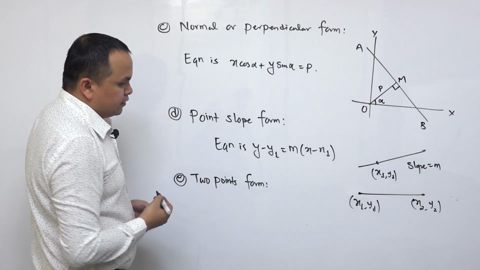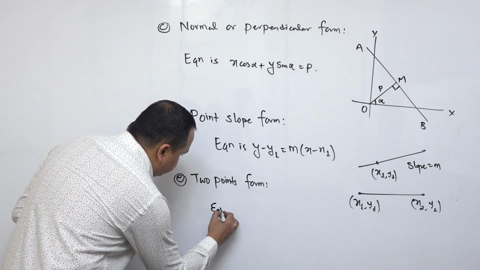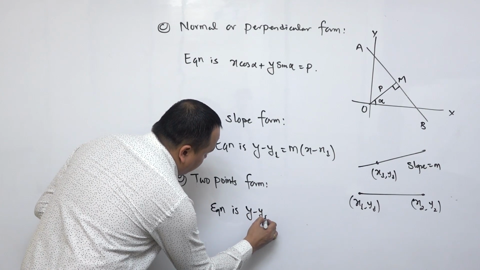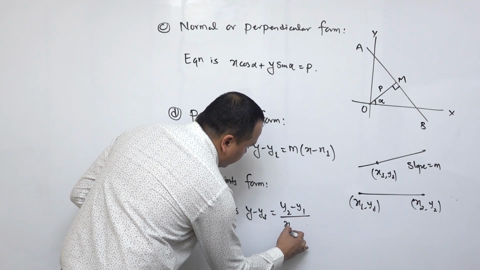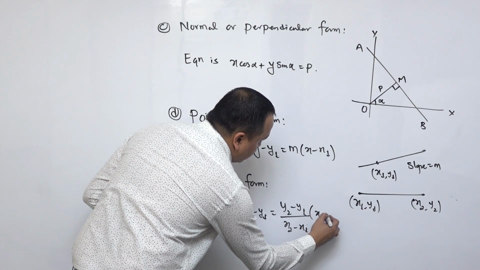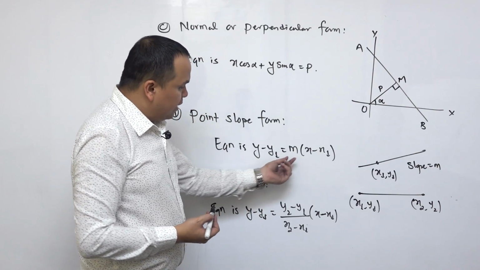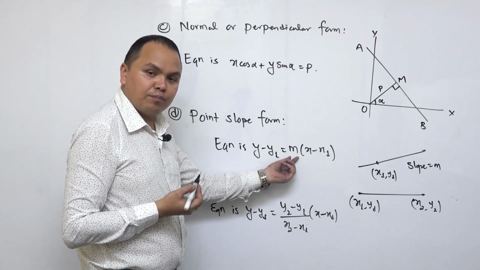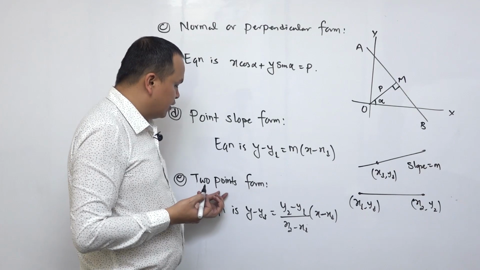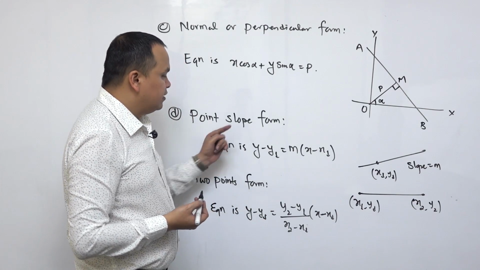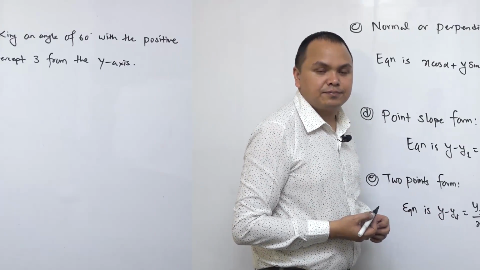Now the equation of line joining x1, y1 and x2, y2 is y minus y1 equals y2 minus y1 upon x2 minus x1 times x minus x1. If we replace m, that is slope, by y2 minus y1 upon x2 minus x1, then we get the two points form. एउटा point slope दियो, यसलाई use गर्ने, दुईटा point दियो, यसलाई use गर्ने.